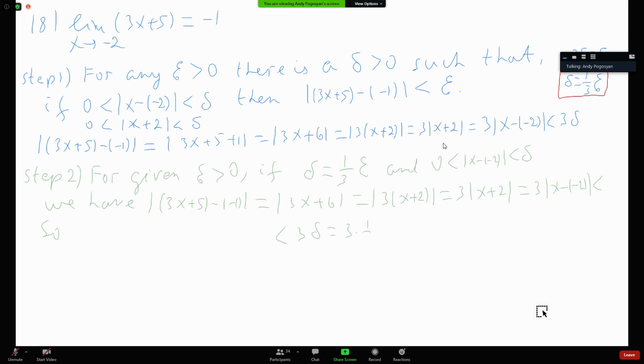But 3 delta is 3 times 1/3 epsilon equals epsilon. So the left hand side is less than epsilon, which implies by epsilon delta definition limit of 3x plus 5 is negative 1 as x approaches negative 2.